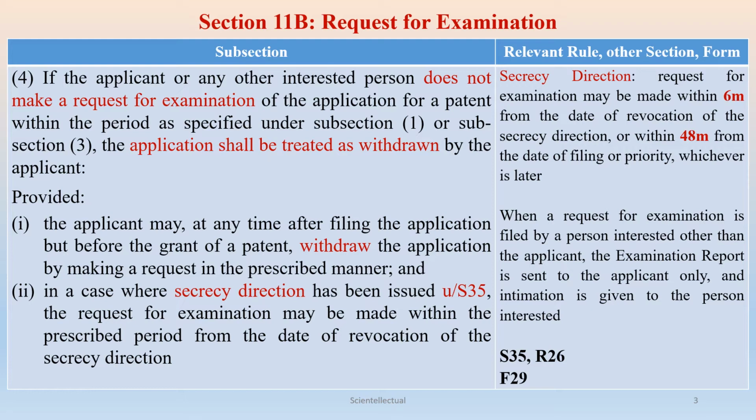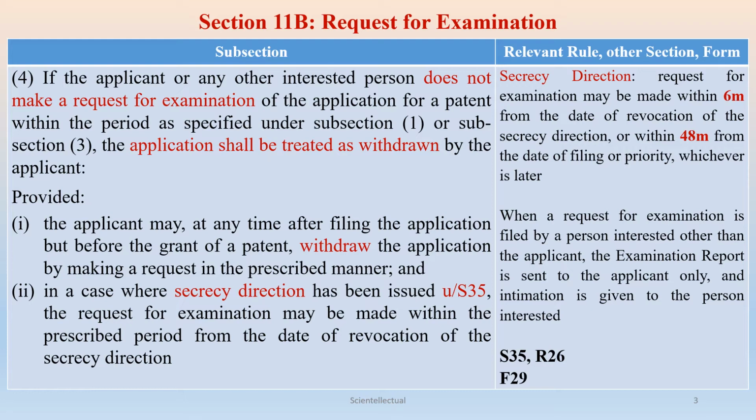Second is, in a case where secrecy direction has been issued under Section 35, request for examination may be made within prescribed period from the date of revocation of the secrecy direction. In case of secrecy direction imposed on any patent application, request for examination may be made within 6 months from the date of revocation of the secrecy direction or within 48 months from the date of filing or priority, whichever comes later.